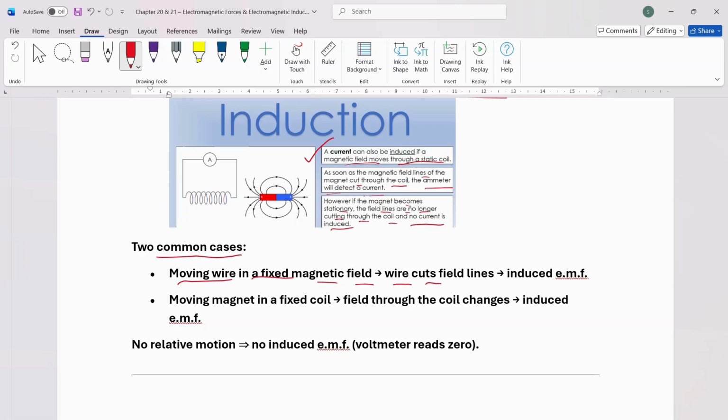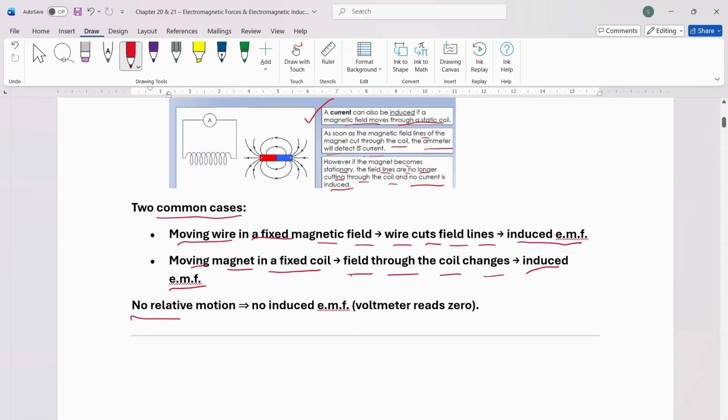Here, the wire cuts field lines and induces EMF. Moving magnet in a fixed coil: there, the field through the coil changes and it will induce EMF. No relative motion means no induced EMF. Voltmeter reads 0.